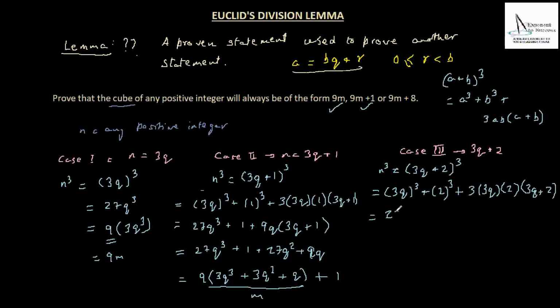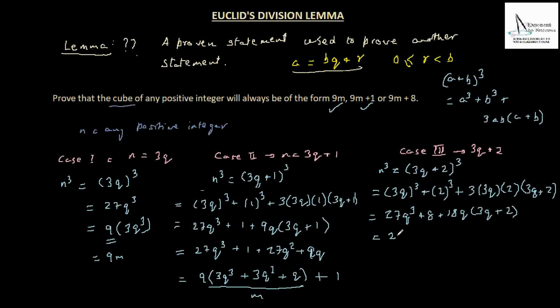Simplifying this, I get 3q whole cube is 27q cube plus 2 cube is 8 plus 3 times 3q is 9q, 9q times 2 is 18q, and within brackets I've got 3q plus 2.